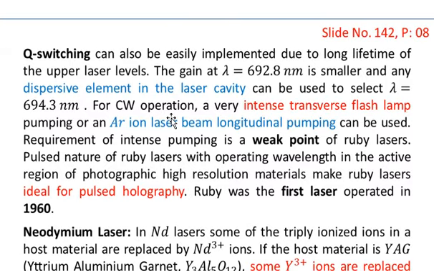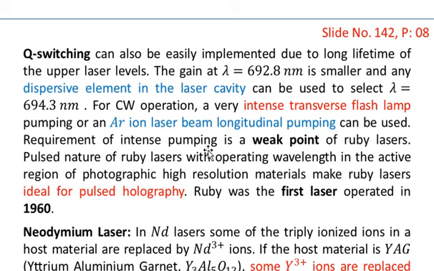For CW operation, a very intense transverse flash lamp pumping or an argon ion laser beam longitudinal pumping can be used. If you want to use transverse pumping, you have to use flash lamps, but if you want longitudinal pumping, then an argon ion laser can be used.